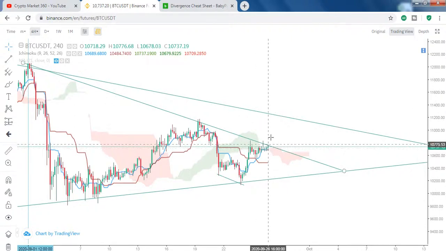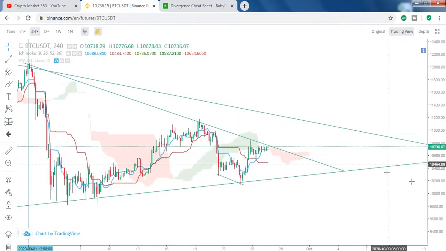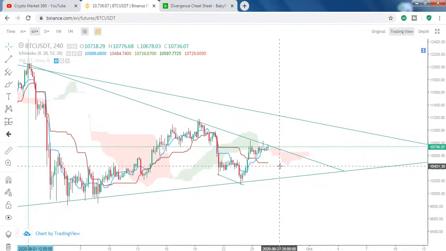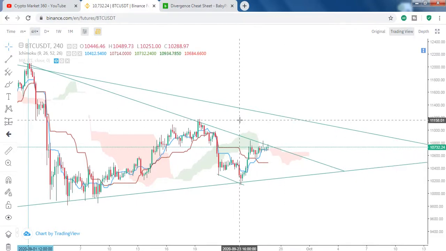I am waiting to see if it breaks and retests, and we see another crossover or maybe a divergence in RSI, because tomorrow is Sunday, so we may see less volume in trading. So let's wait for this, and I will give you an update tomorrow in another video about BTC.